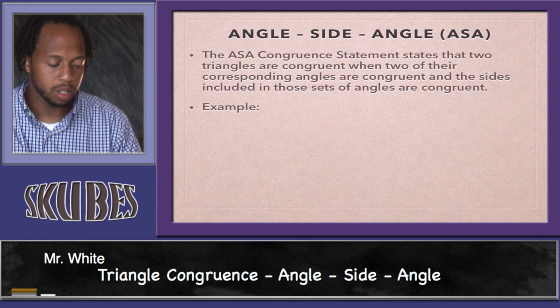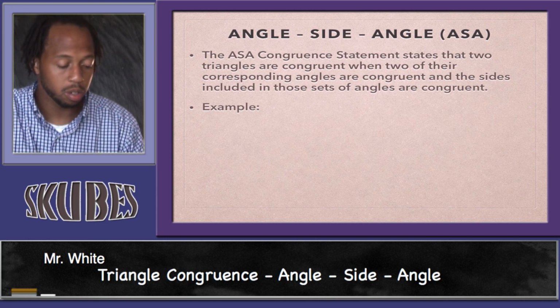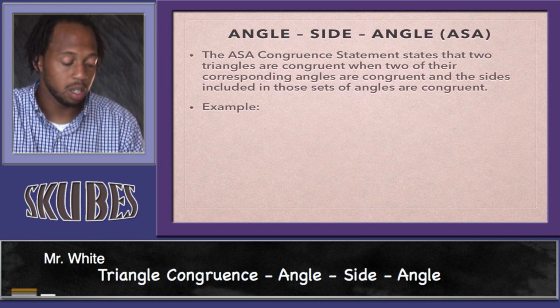The ASA congruent statement states that 2 triangles are congruent when 2 of their corresponding angles are congruent and the sides included in those sets of angles are congruent.